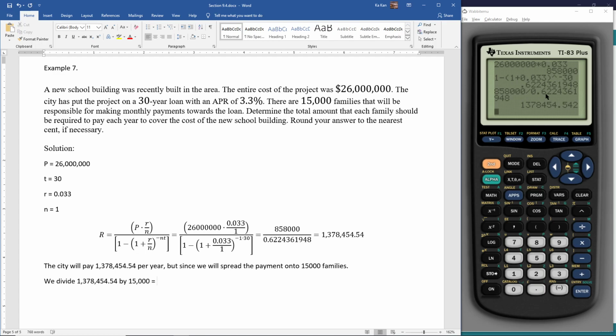So let's divide that by 15,000, and I'm getting 91.89, which is 90 cents, right? So that's how much we pay. And this one's tricky because of that last part right there. So you're paying about 91.90.